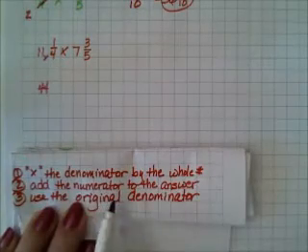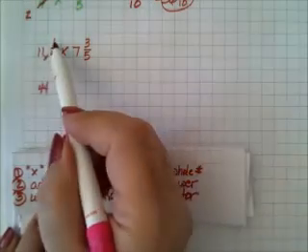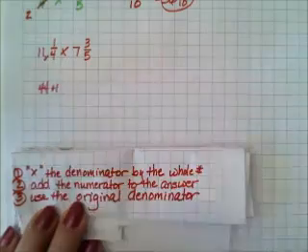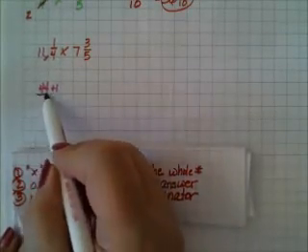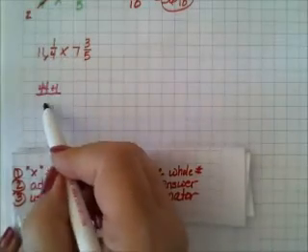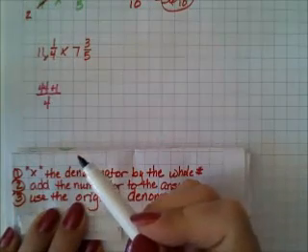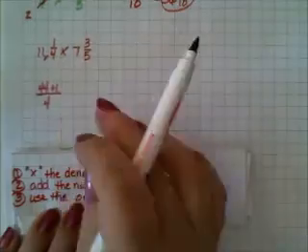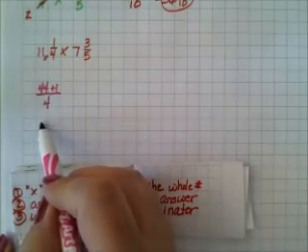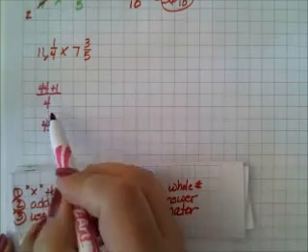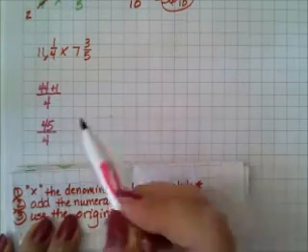Then I add the numerator to the answer. My numerator is 1, so I'm going to put plus 1. Use the original denominator, and put this all over 4. Then 44 plus 1 is 45, and my denominator is 4.